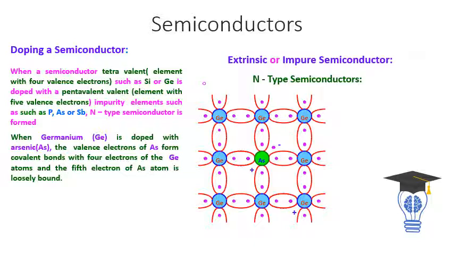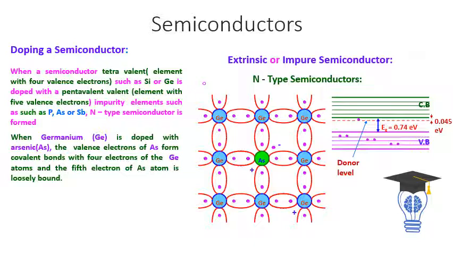So 4 valence electrons of germanium are bonded to 4 valence electrons of arsenic, leaving behind 1 arsenic electron in the outermost orbit free. These free electrons are responsible for the conduction of current in any material.